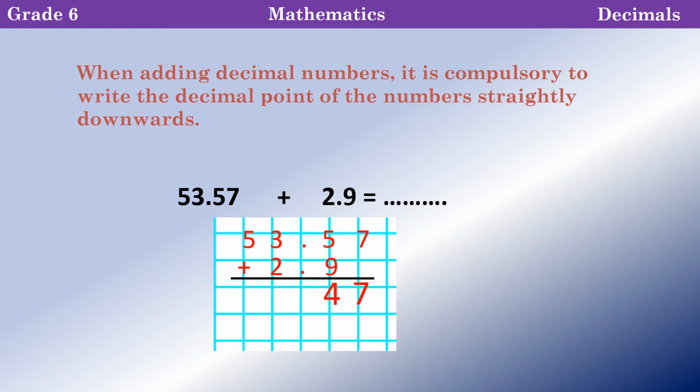Then we bring that 1 to the ones place. Then 1 plus 3 plus 2 is 6. Then we write the tens place digit. It is 5. And the decimal point is kept at the same place. Therefore, the answer is 56.47.